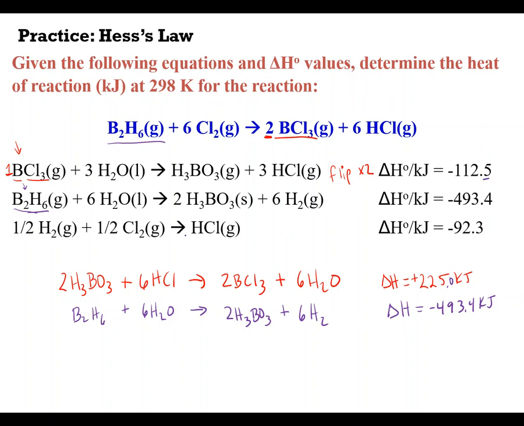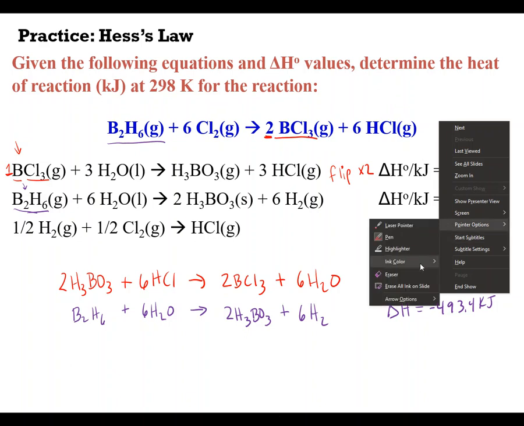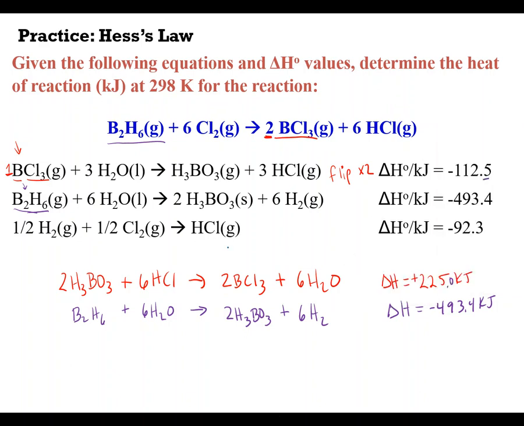All right. Now, looking at the last step here. I have hydrogen and chlorine. Chlorine's up here in the overall, so it's on the correct side. It's on the reactant side, but what do I need to do to this whole thing?